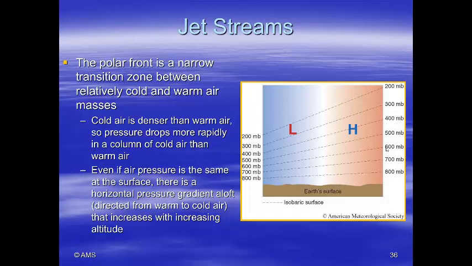So if we look at the horizontal pressure gradient, at the surface it's about zero. But if we get up to the 200 millibar height and go straight across, there's a pressure gradient of 500 millibars to 200 millibars. This is going to be directed from the warm air to the cold air, and this pressure gradient gets worse as you go up in altitude.